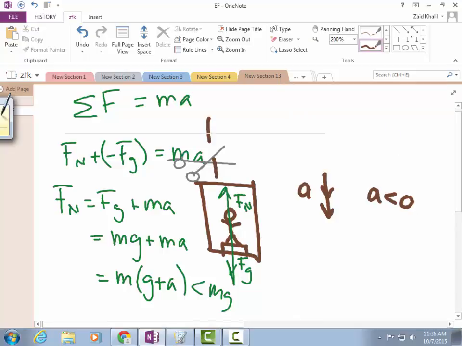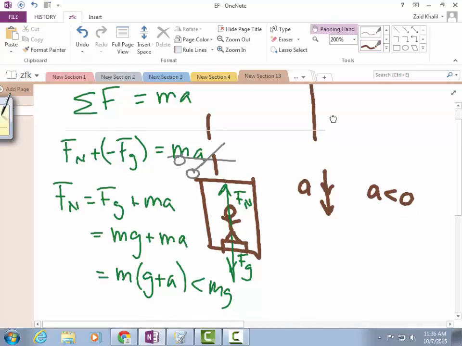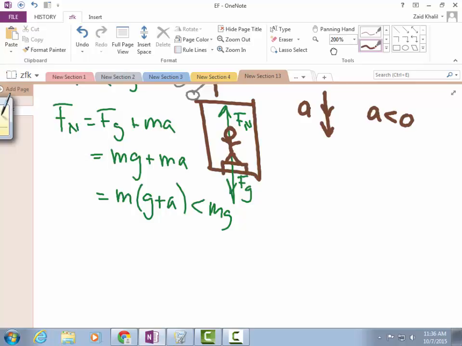And I ask myself, what does the scale say? Look at it. What is my acceleration? The scale says 0. Because all of a sudden, a equals what? What does a equal when he cuts that cable?